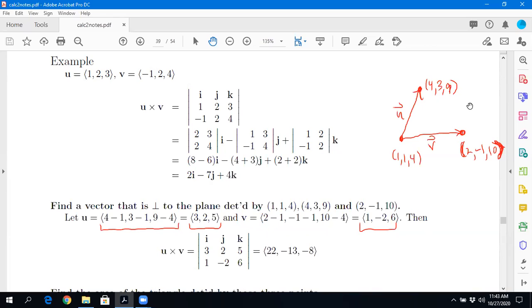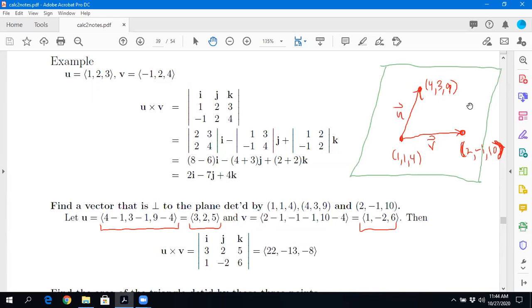So of course, what I'm saying is there's a plane that contains all three of these points. And I want a vector that is perpendicular to this plane. Well, doesn't the cross product kind of do that automatically?